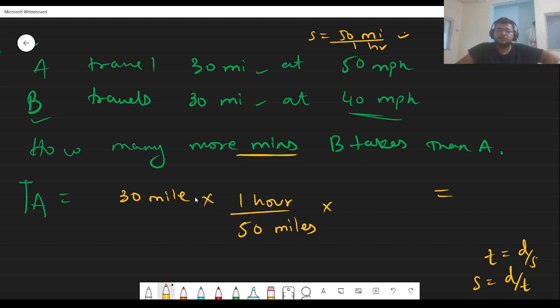We'll calculate TA, then the time required by B, then take the difference of both answers, because it asks how many more minutes, not how many minutes.